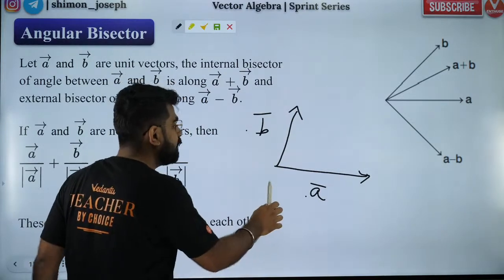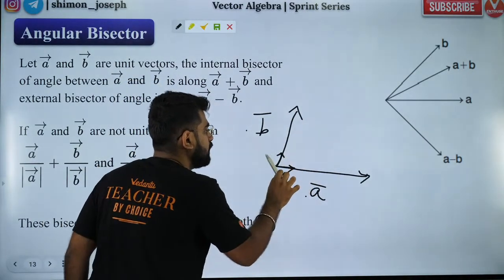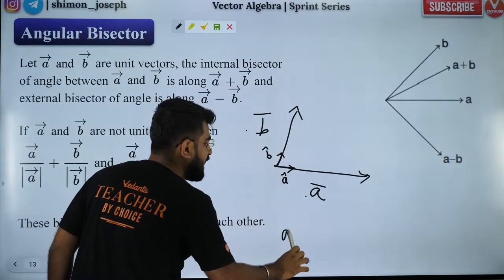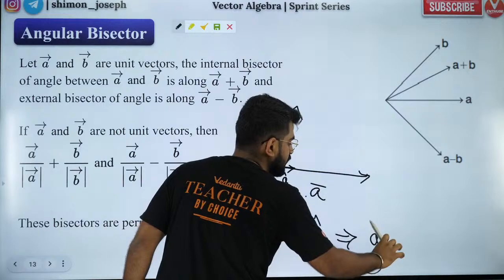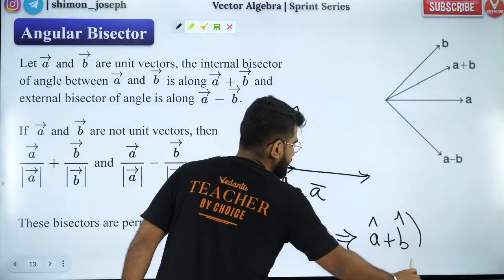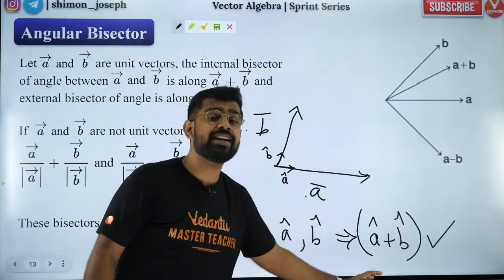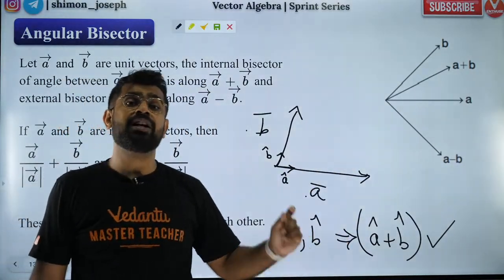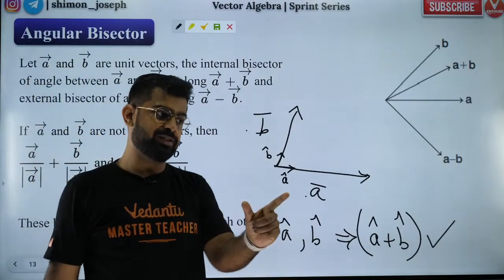That is why I will take A cap and I will take B cap. Their resultant is the angle bisector direction. This is how you find it out. So the resultant of A cap and B cap is the direction of your angle bisector.